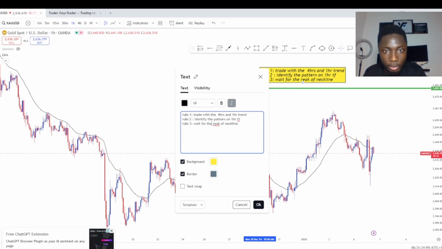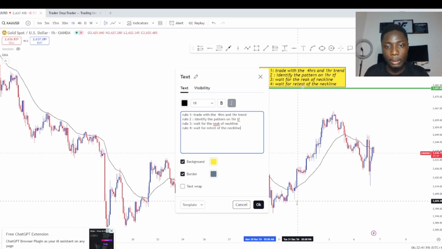Okay, let me write that correctly. My keyboard deleted that. Hold on. So rule 4 is wait for retest of the neckline.